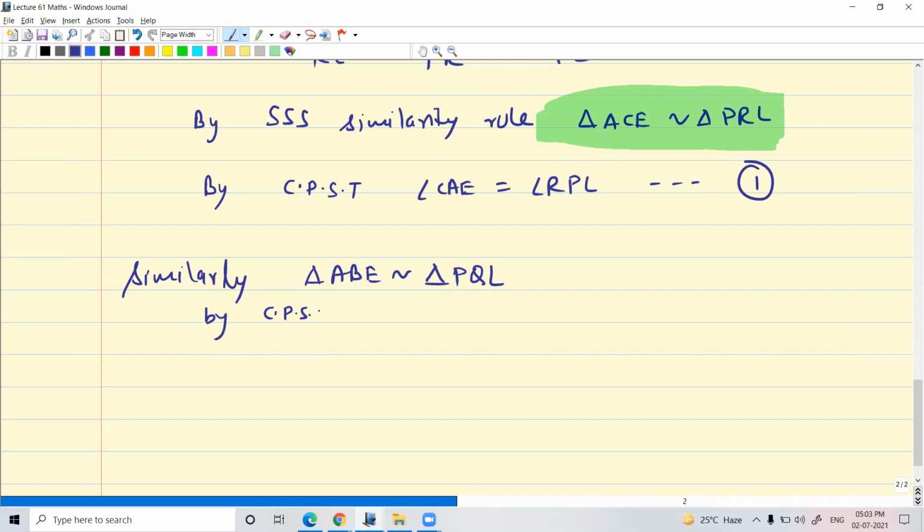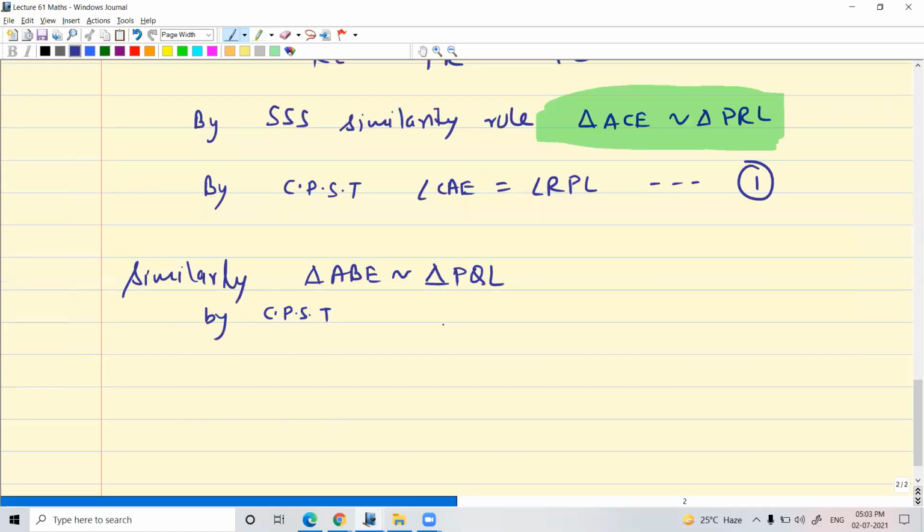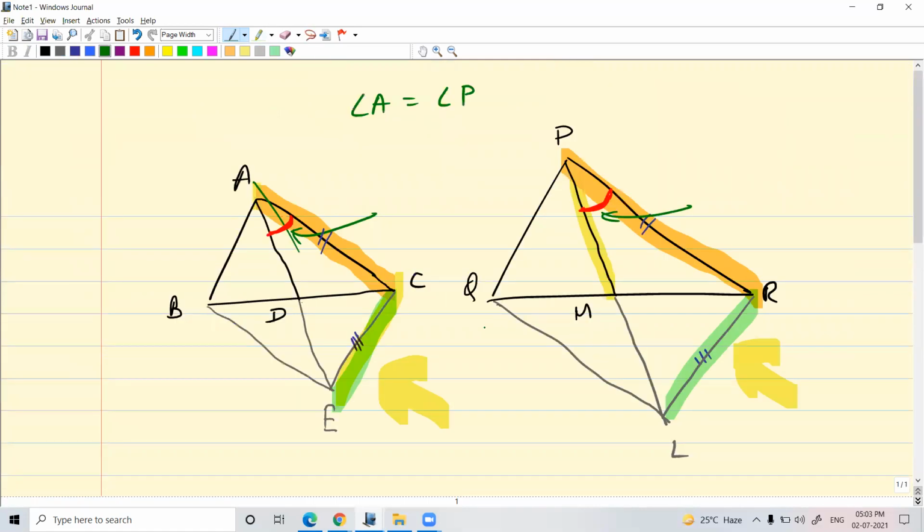And by CPCT of this similarity, we will get what? Angle BAD or angle BAE is equal to angle QPL.